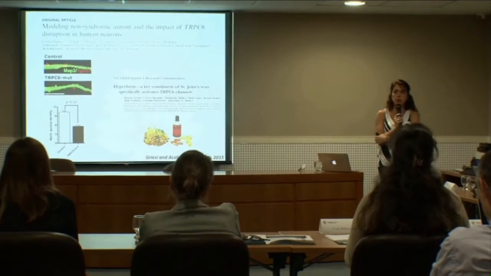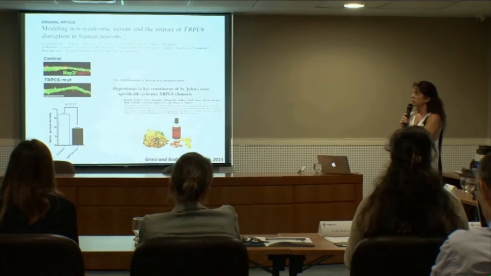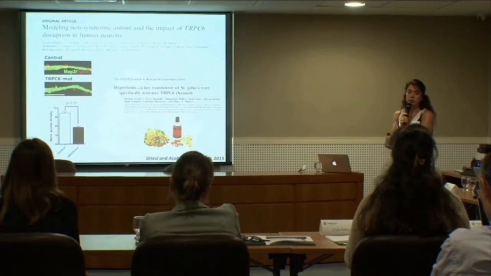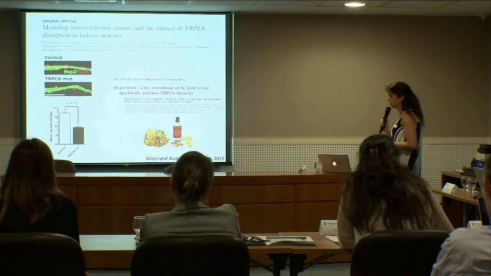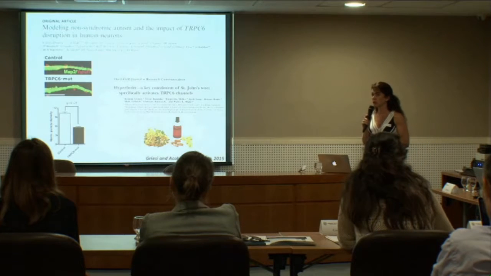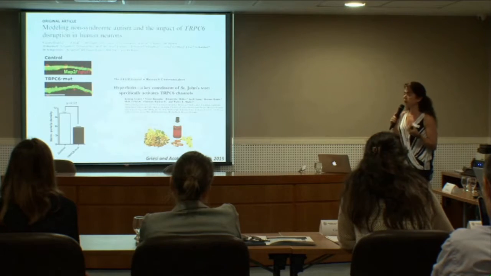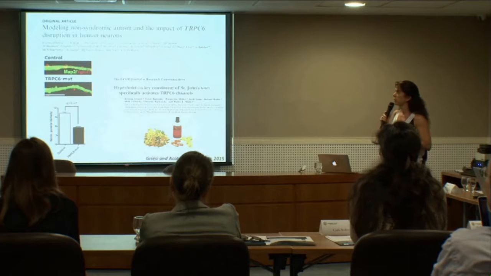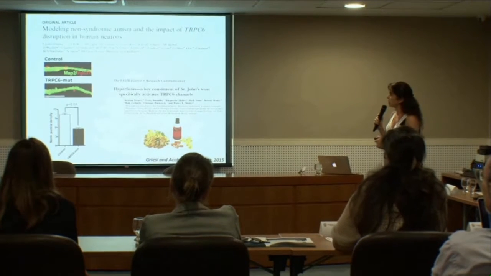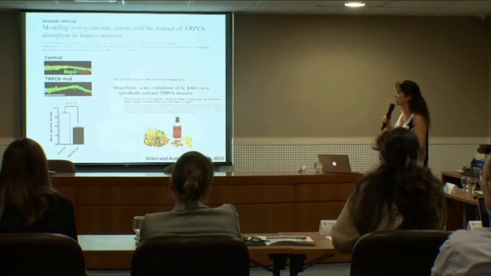The second work from the same group used one autistic patient, a typical idiopathic autistic patient. They found a gene after that. This patient had a deletion in a big part of a chromosome, which disrupts the gene TRPC6.